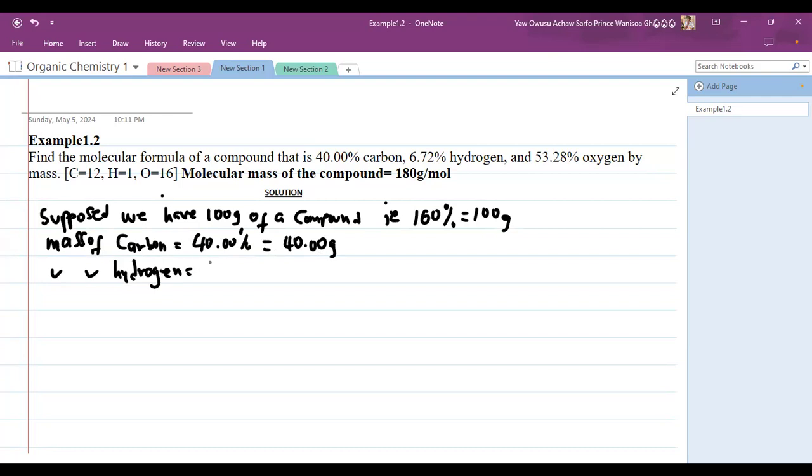Mass of hydrogen is 6.72%, which is equal to 6.72 grams.